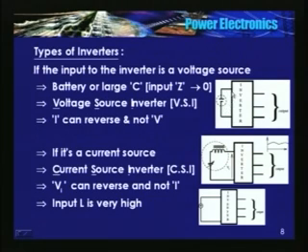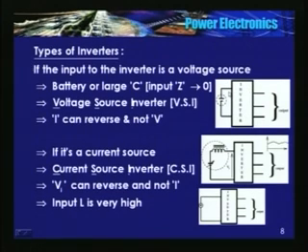So in other words, the input impedance, or the Thevenin impedance, of a voltage source inverter is very small, as for any voltage source. So therefore, you should be extremely careful in operating this inverter. I will repeat, Thevenin impedance is very small.